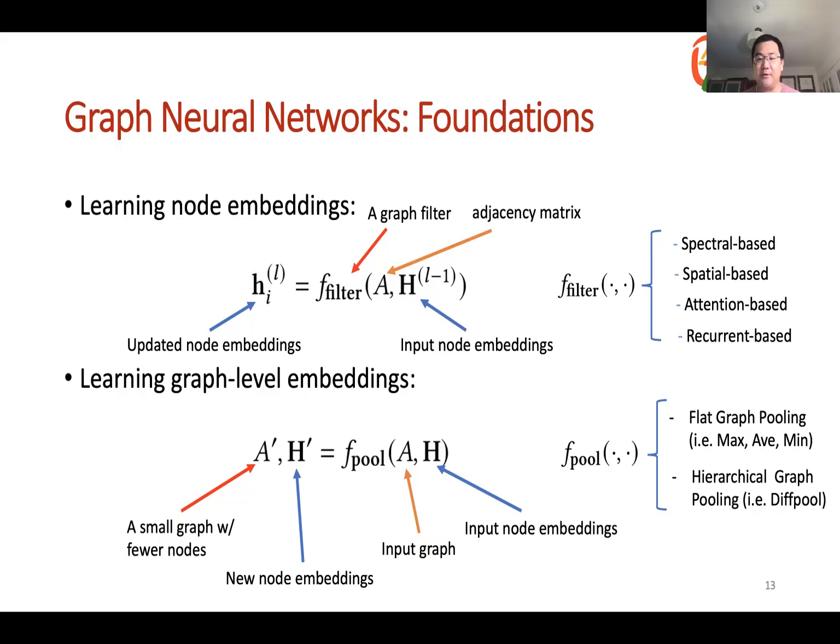In general, we can categorize them into two groups. One is flat graph pooling, where you can use some very well-known pooling operations, for example, max pooling, average pooling, or mean pooling.